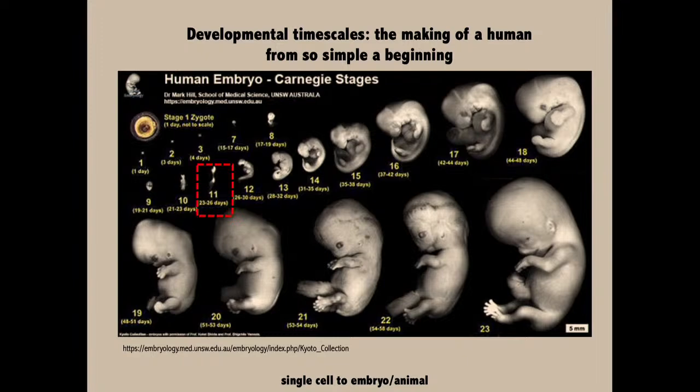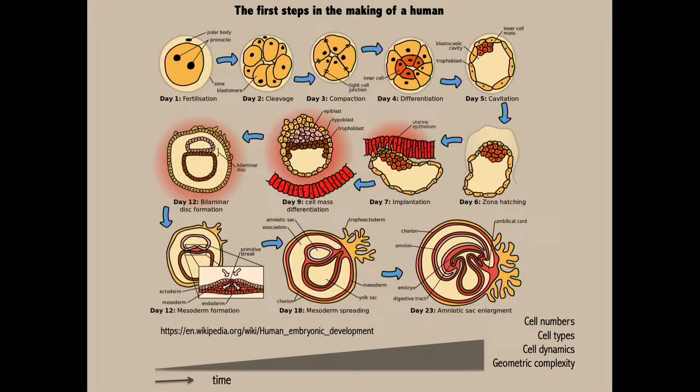And even if you just zoom in on the first 23 days of human development, you will see that what looks just like a little blip, maybe on an ultrasound, is actually a very complexly organized multicellular entity, which is characterized first by the division of the zygote, by cleavage, into an aggregate, initially loose, but then this aggregate becomes more compacted through cell interactions.